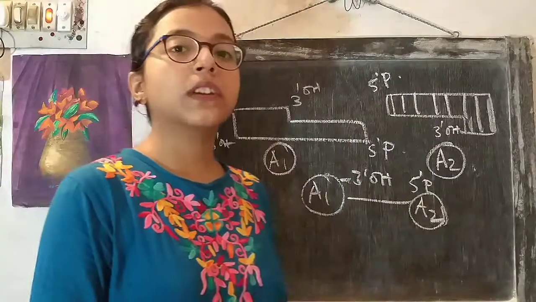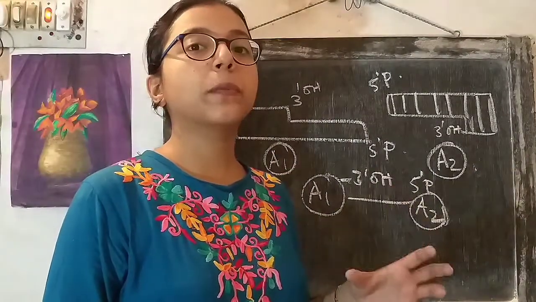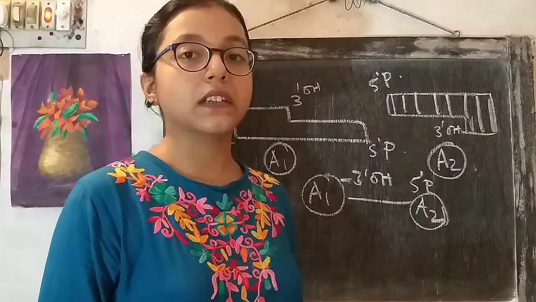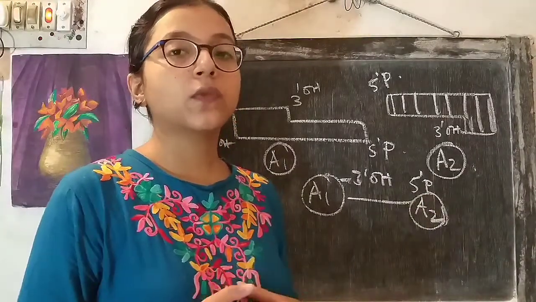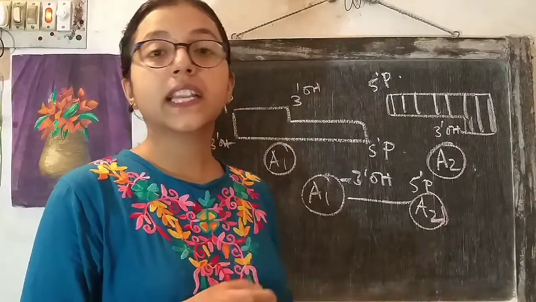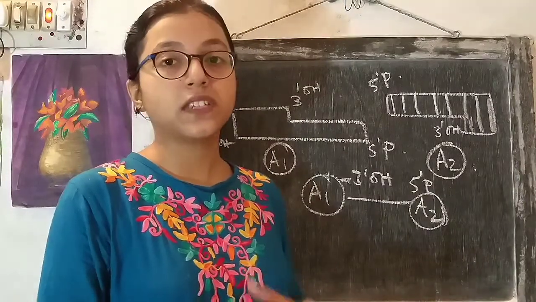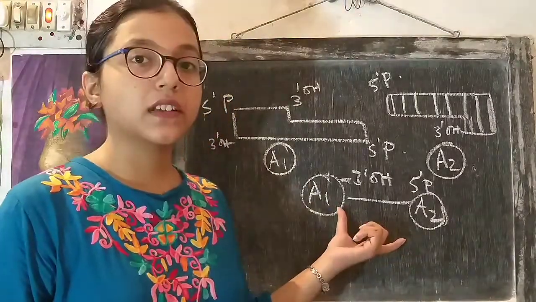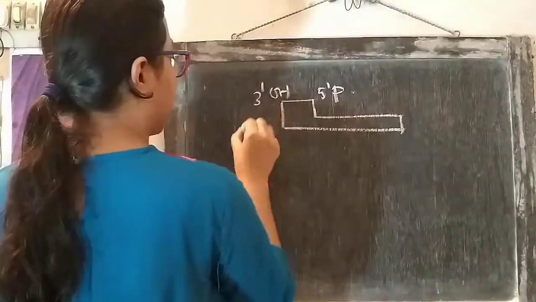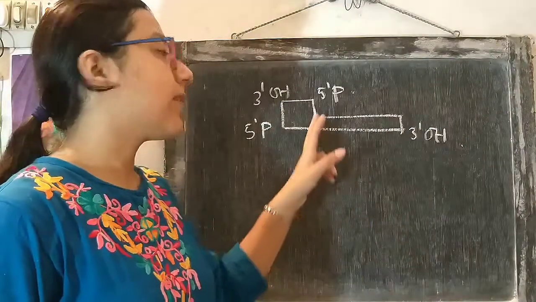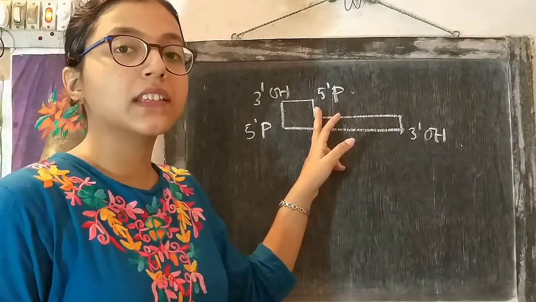A phosphodiester bond can only form if a 3' OH group and a 5' phosphate group are present. So if the phosphate group is removed from the 5' end, no phosphodiester bond can form. DNA ligase cannot catalyze the formation of this type of bond between these two adapters. This 5' phosphate is the target.